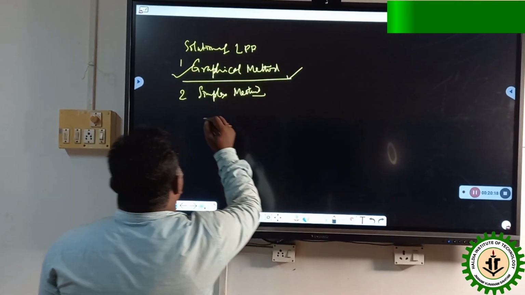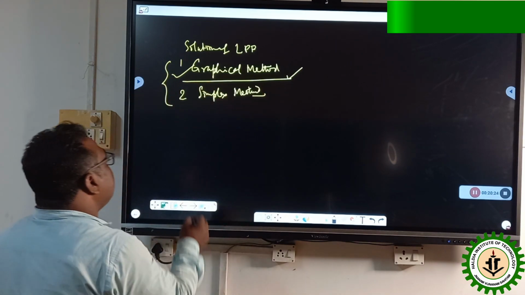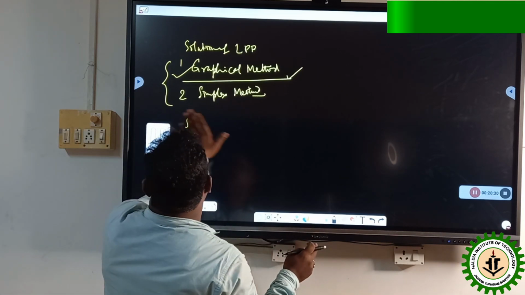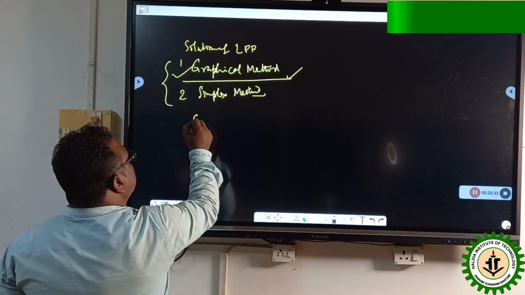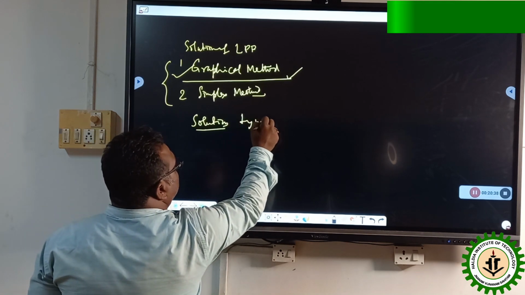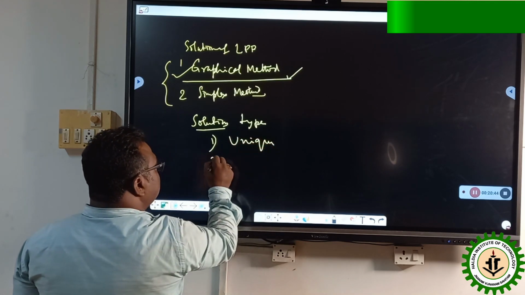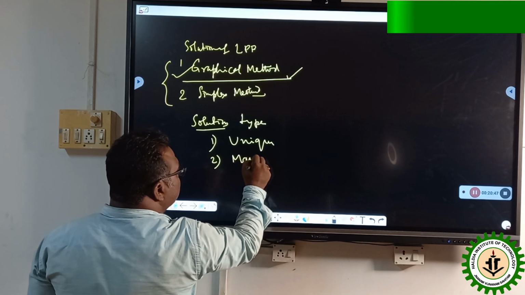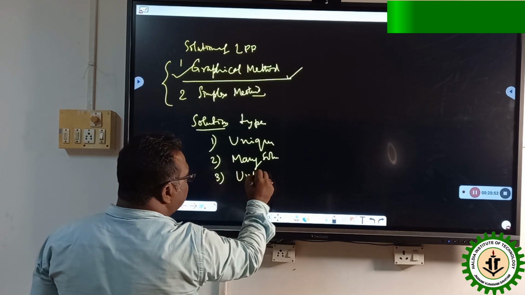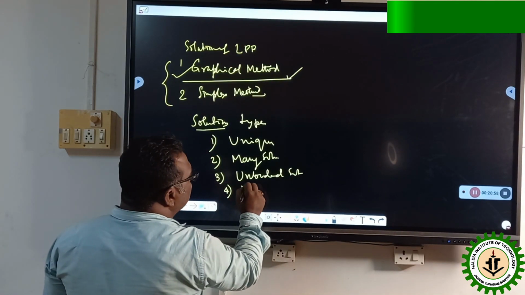Whether you are doing it by the graphical method or the simplex method, in all cases the solution type is number 1 unique, number 2 many solutions, number 3 unbounded solution, and number 4 no solution.